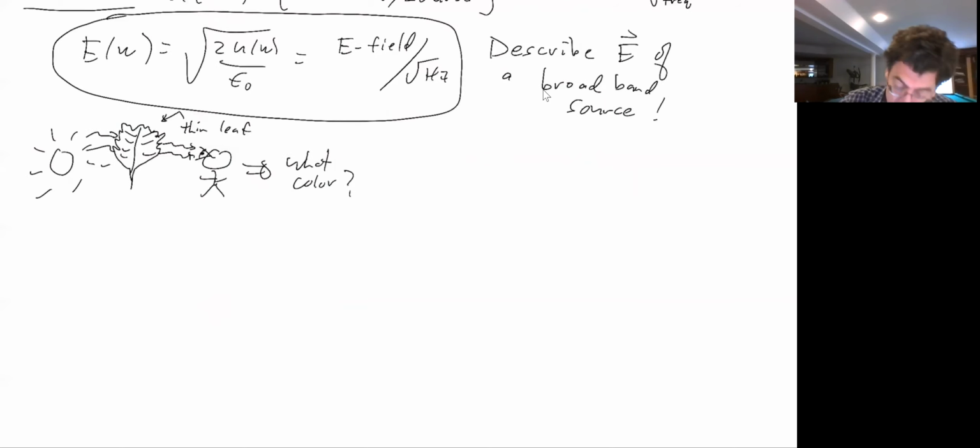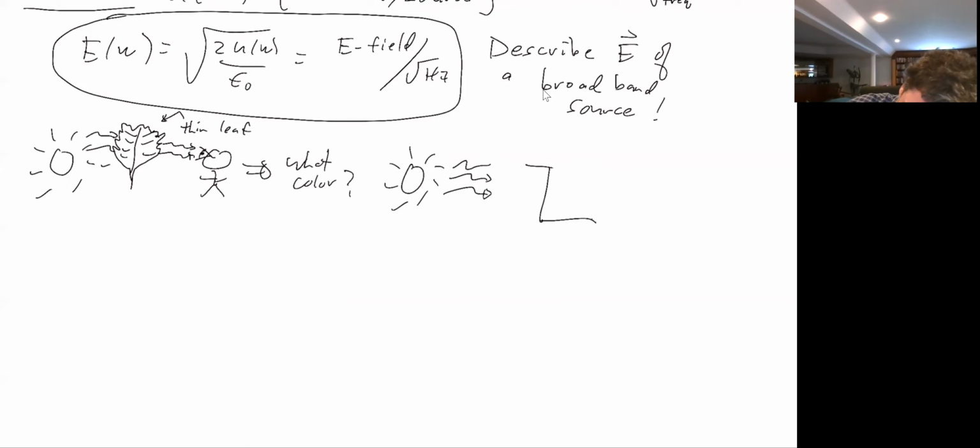And so the idea is that the sun is shooting out all frequencies of light. And let's think of the leaf as a little box. Leaf is a box. You know, like I like to think everything is a box.